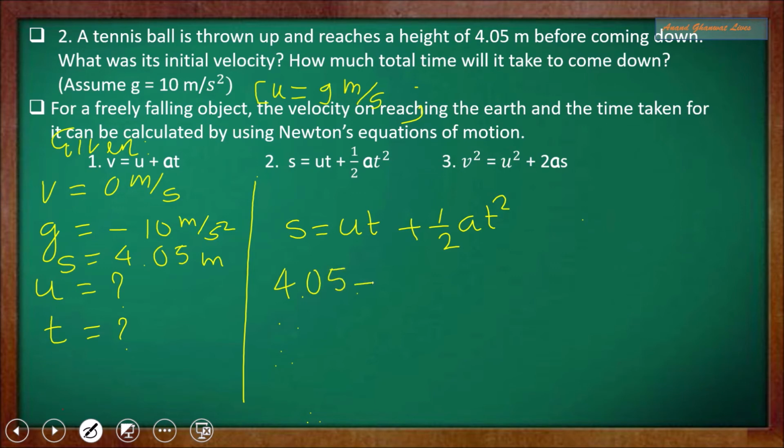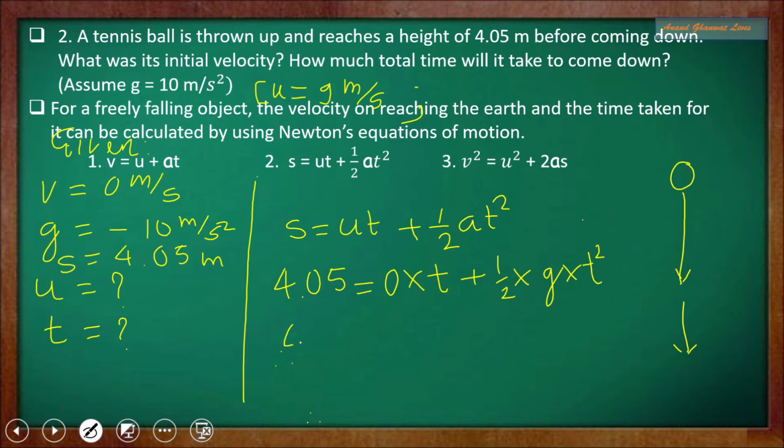While ball is coming down, it has reached maximum height, and at maximum height its initial velocity is 0. So u is equal to 0 now, and t we have to calculate, plus 1 half into a, meaning acceleration due to gravity g, into t square.